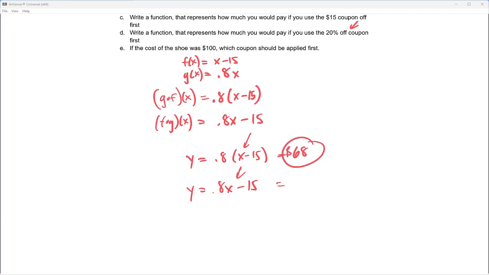The cost would be $68 here. If I did 0.8 times 100, that's 80, right? 80 minus 15 would be 65. So you would do the 20% off first before you take away the 15.